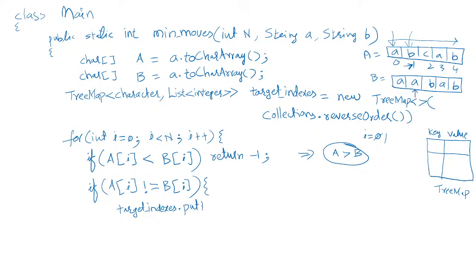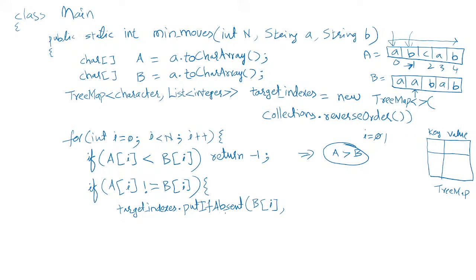There is a function called putIfAbsent. Which is absent? B of I. You are telling that if the character at B of I is absent, put it into the dictionary. Which dictionary? targetIndexes. That is what we are saying.